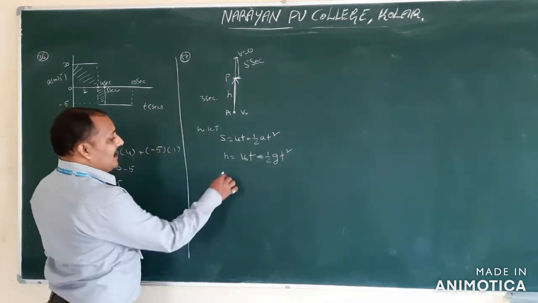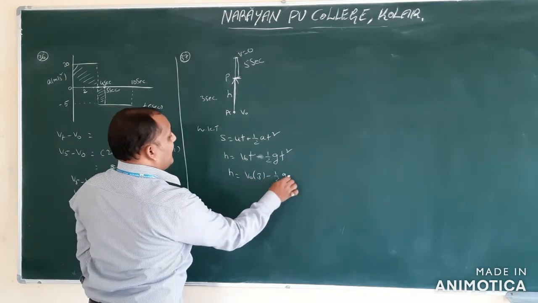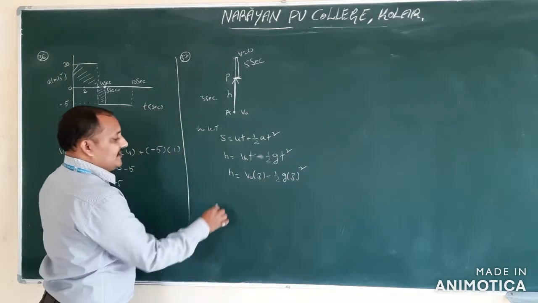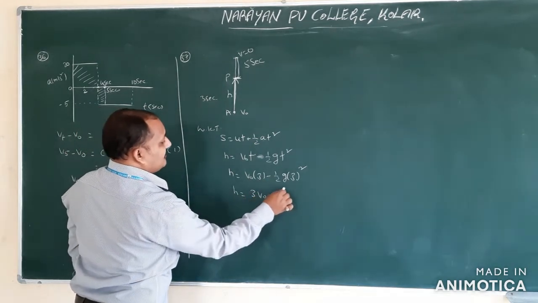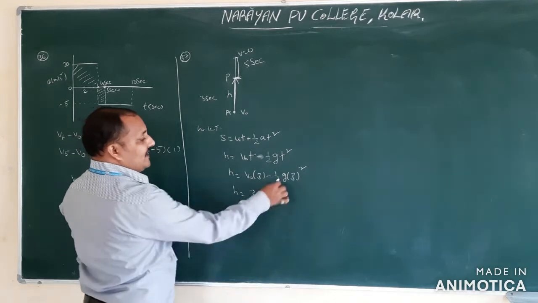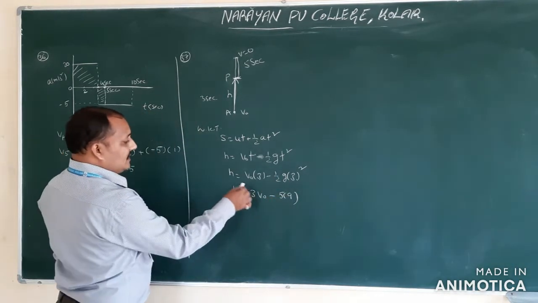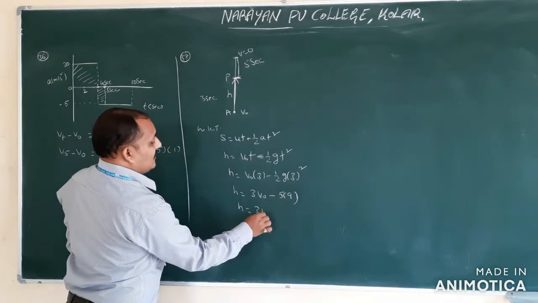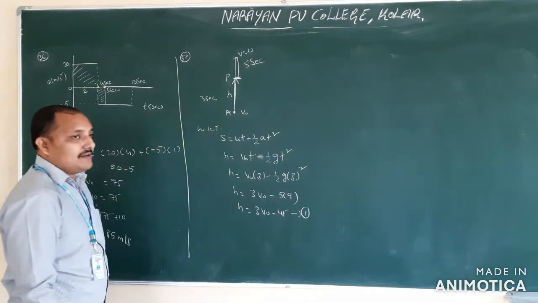Two times we have to apply. H is equal to V0 into 3 minus half g 3 square. So H is equal to 3V0 minus, substituting g as 10, 10 by 2, 5 into 9. H is equal to 3V0 minus 45. Call it equation number 1.